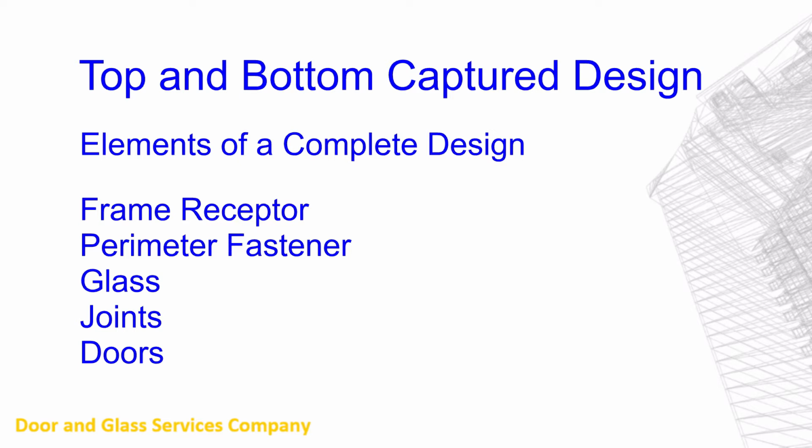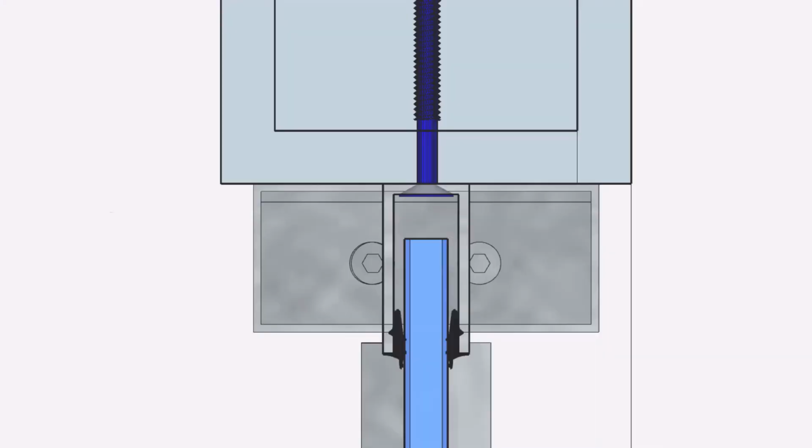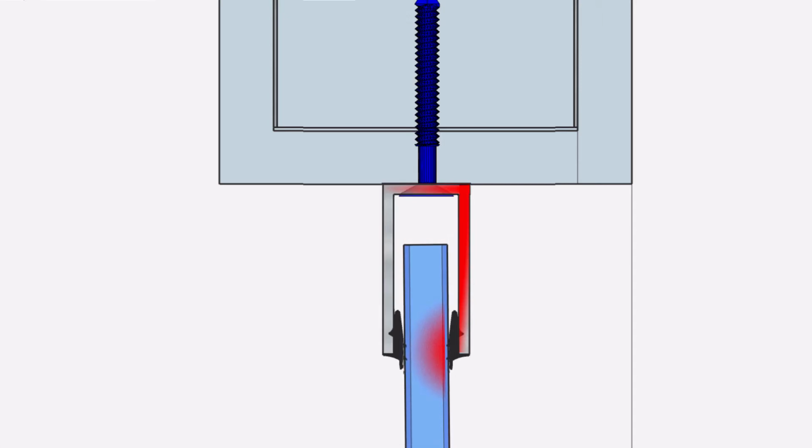Moving on, it's important to take a look at fasteners and how they transfer force from the glass to the structure. Taking a look at a cross section of the top channel, we see a force being applied to the glass, that force being transferred into the channel. The first thing that happens is the glass begins to bend, it deflects.